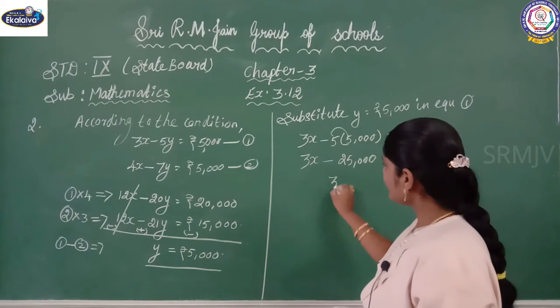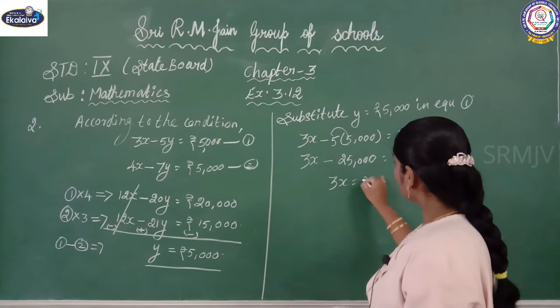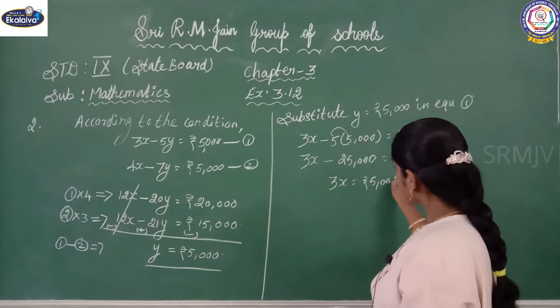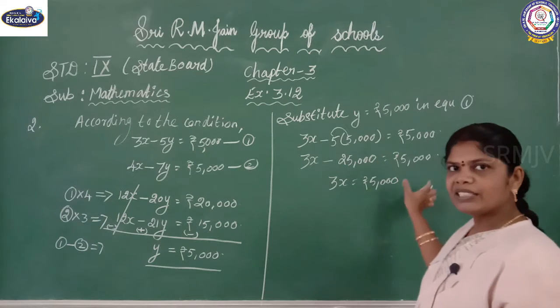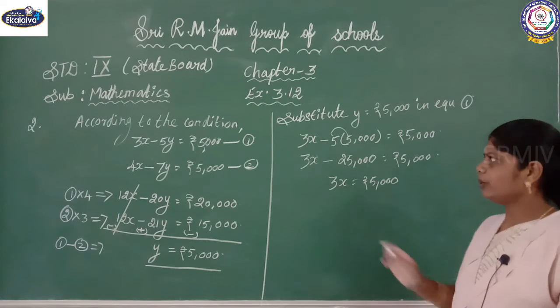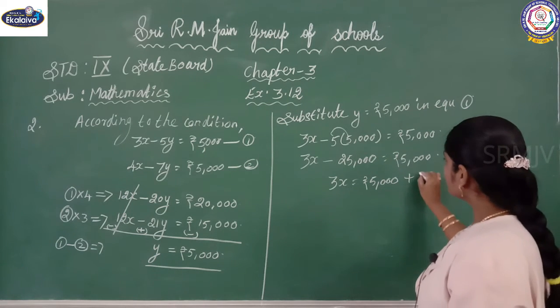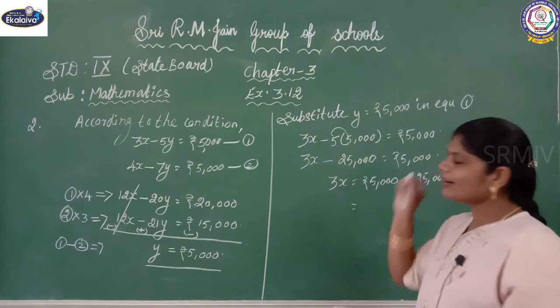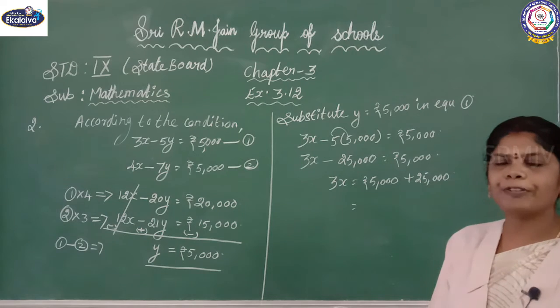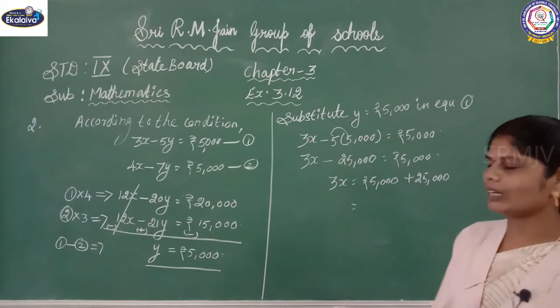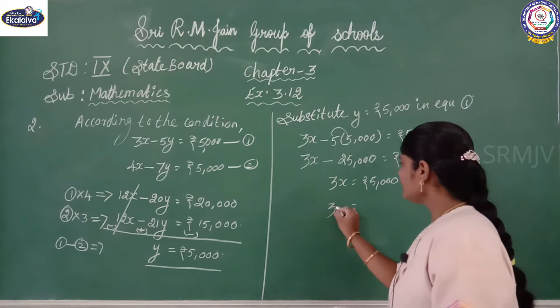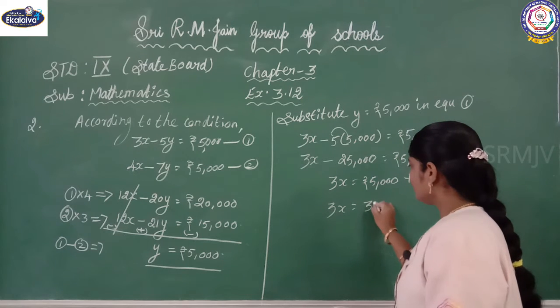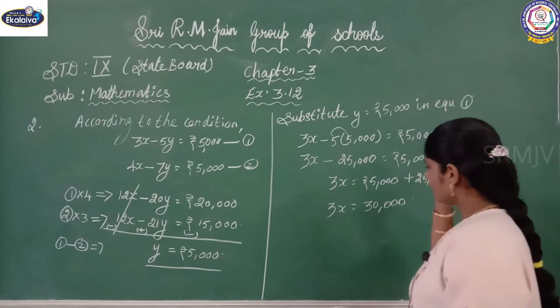So 3x equals rupees 5,000. The subtraction changes to addition on the other side, so plus 25,000. When we add, what do you get, children? 5,000 plus 25,000 is 30,000. So 3x equals 30,000.